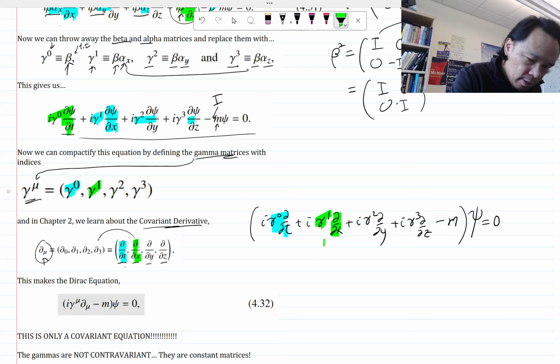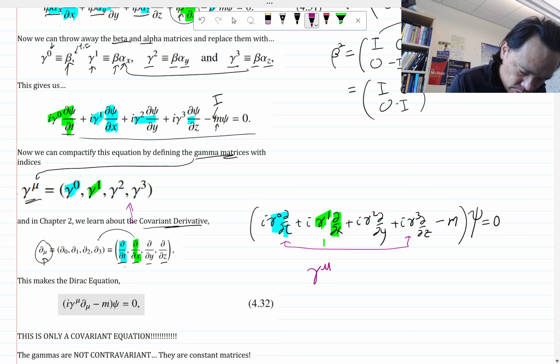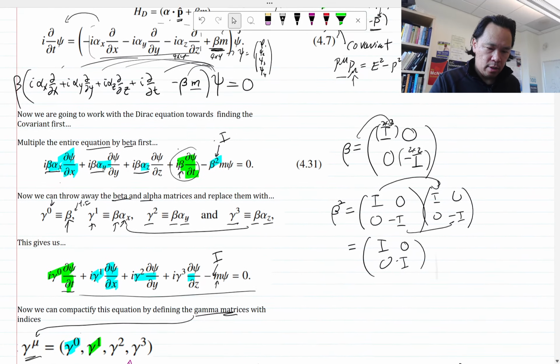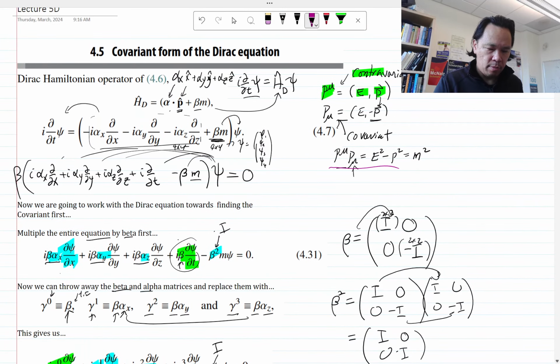What you can do then is that with these two shorthand definitions, this whole thing in front just becomes gamma mu with this dot product, just like what we did with the 4 momentum dot product up top.